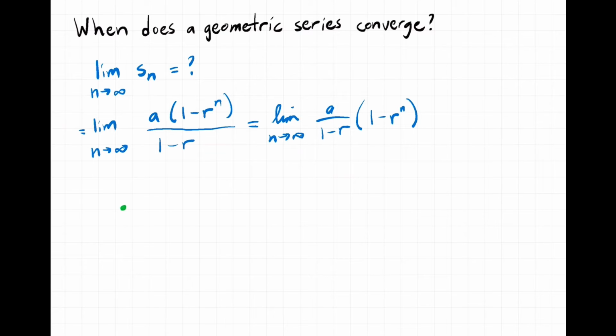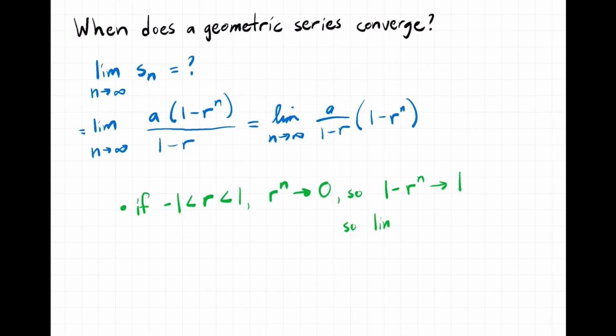So if r is between negative 1 and 1, then r to the n is going to go to 0. Because the r is very small, and multiplying it by r more and more times is going to cause us to go to 0. So 1 minus r to the n will go to 1.